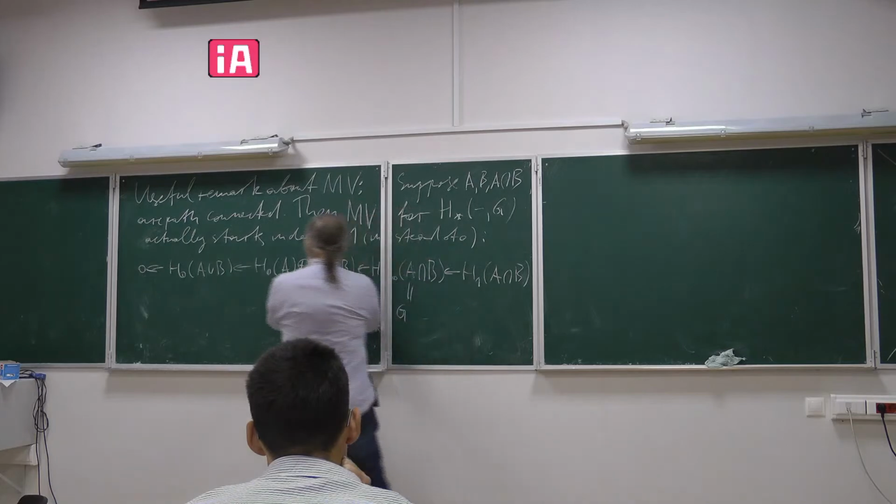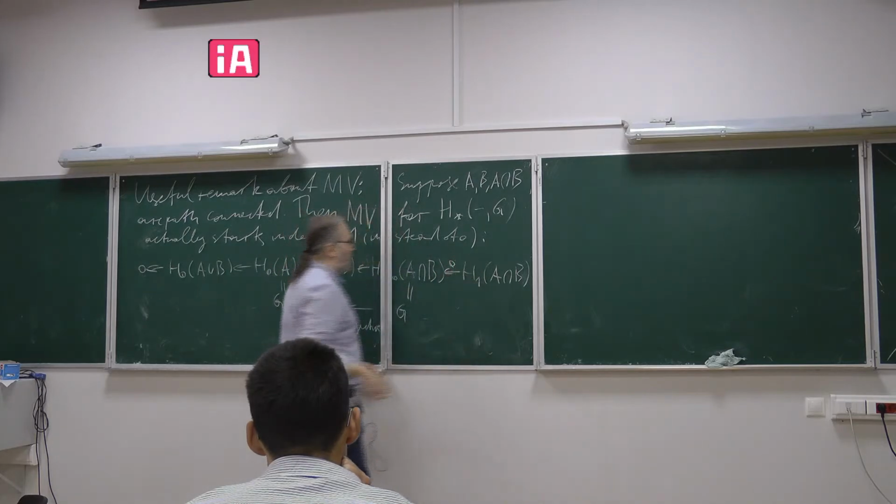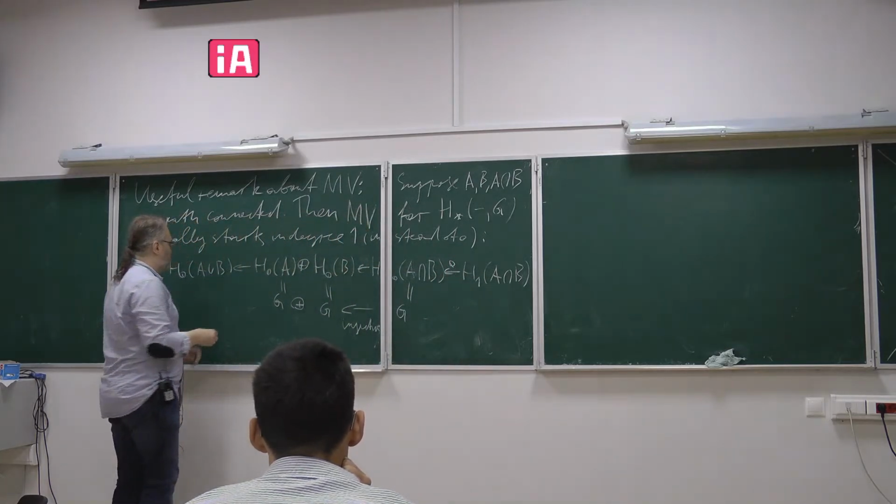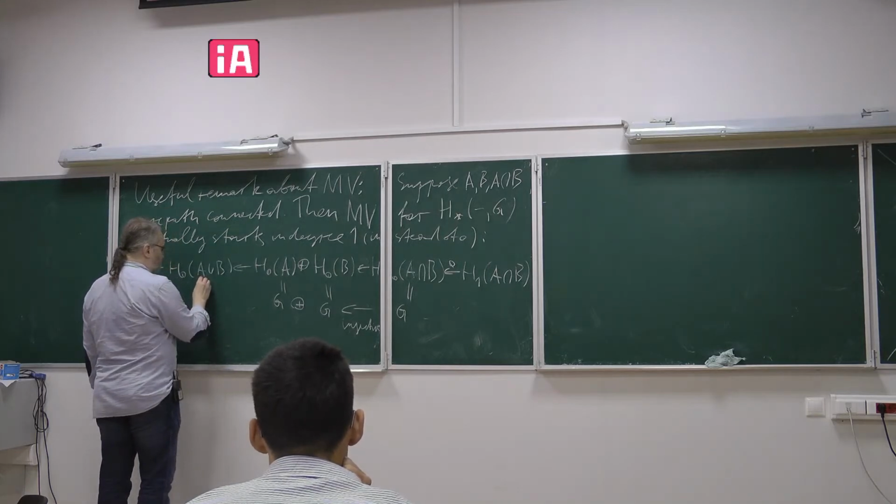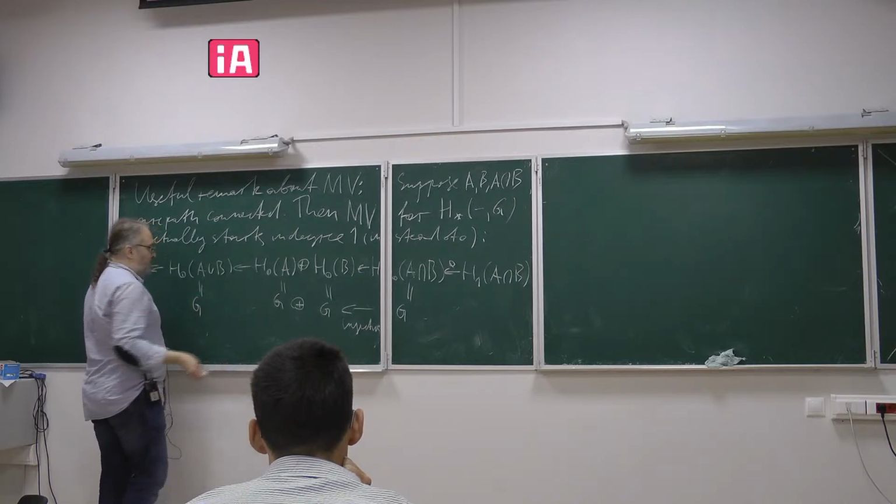So, since this map is injective, here we have 0. And here we have G.